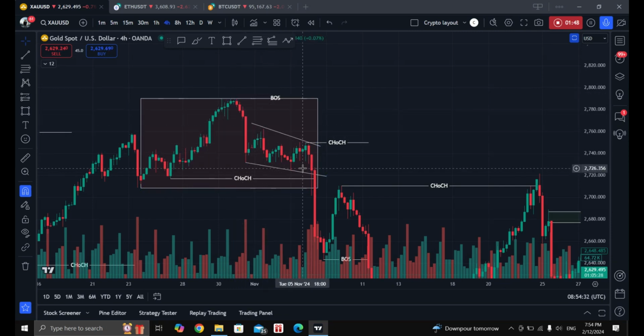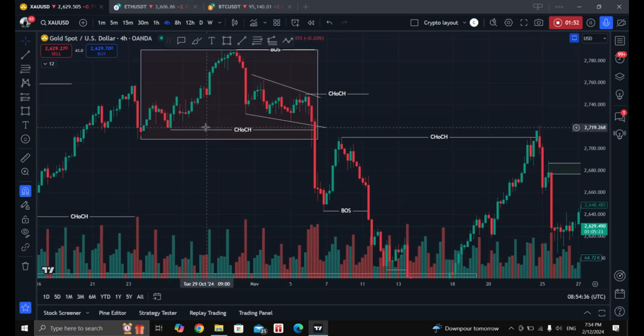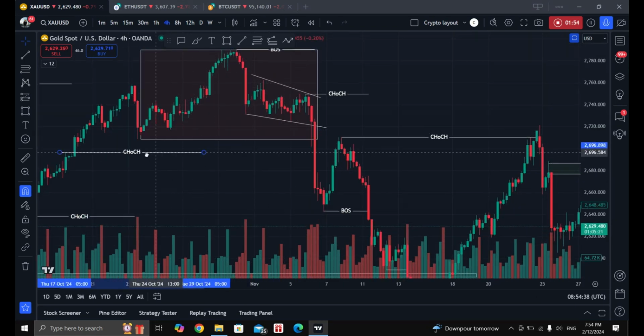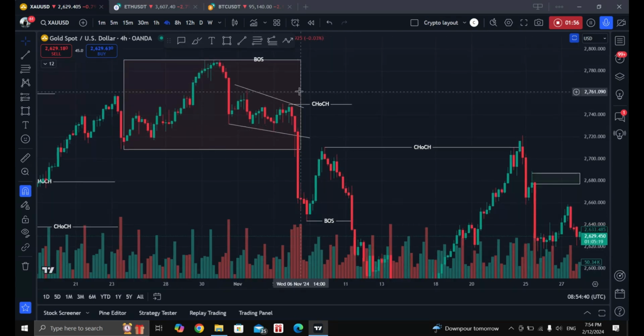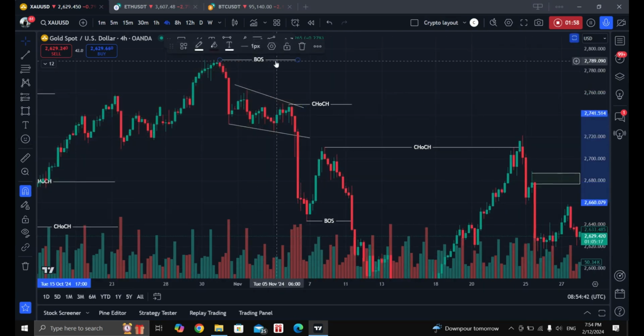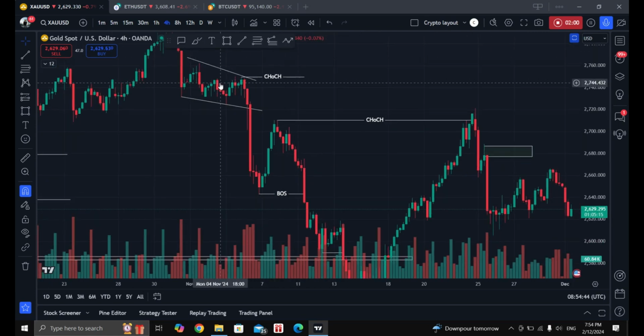It failed and breaks through the change of character from here. Now we have a new market structure. Since it changed character, we turn from bullish to bearish. This is the new range.